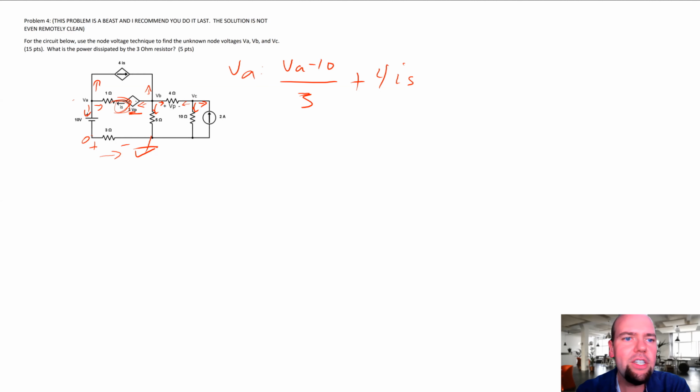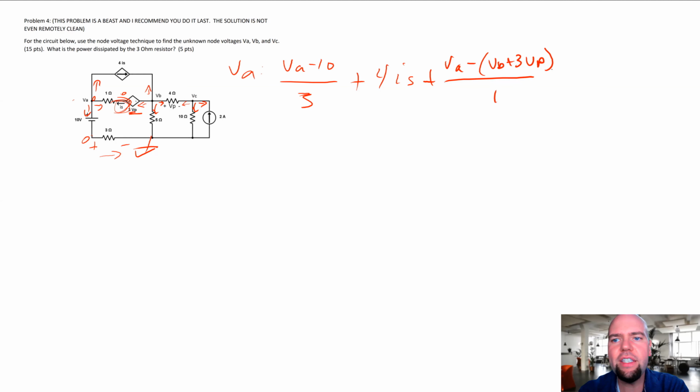So let's just write it as the voltage here minus the voltage here divided by 1 ohm. So that's going to be VA minus VB plus 3 VP, divided by 1.